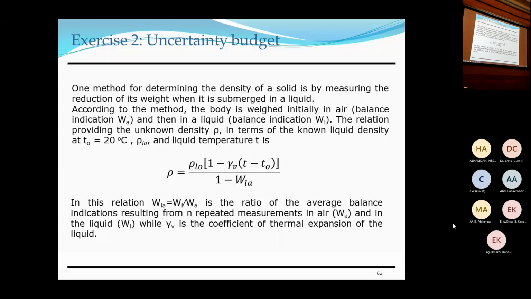In this relation, there's a ratio of WL to WA, which is the indication in the liquid divided by the indication in air. And this is the ratio of the average balance indications resulting from n repeated measurements in air and in the liquid, while gamma sub nu is the coefficient of thermal expansion of the liquid.